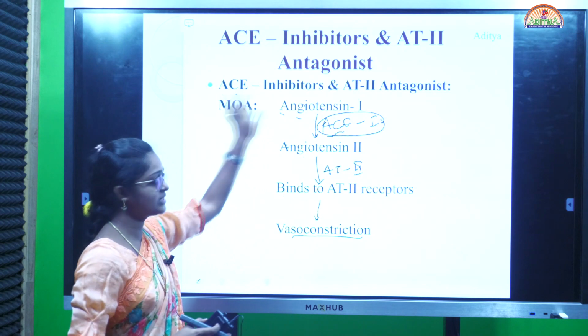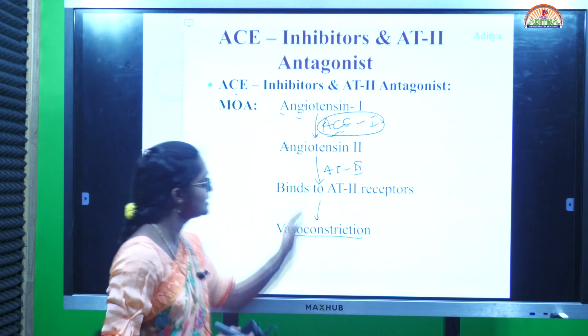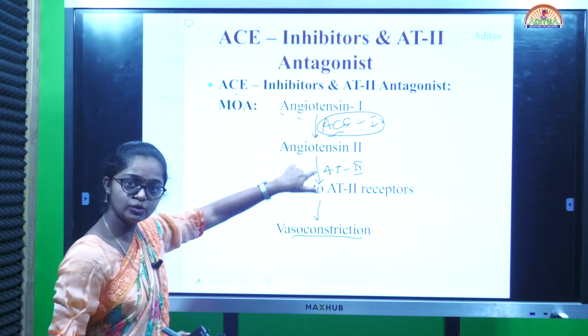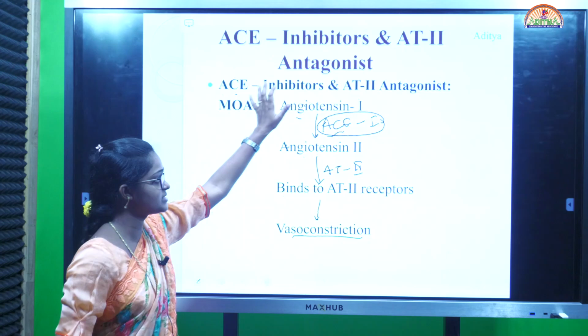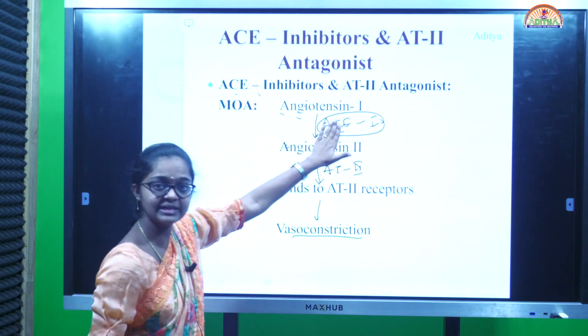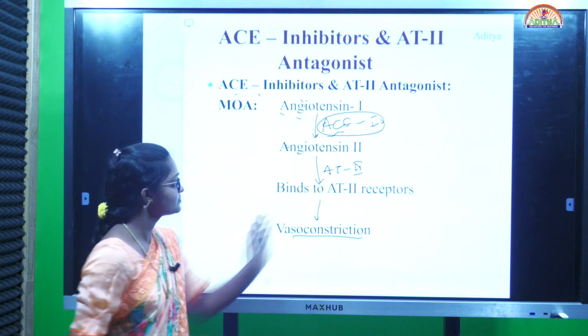Clear? Normally angiotensin 1 is converted to 2, binds to the receptor and causes vasoconstriction. But ACE inhibitors inhibit the angiotensin converting enzyme involved in that conversion.